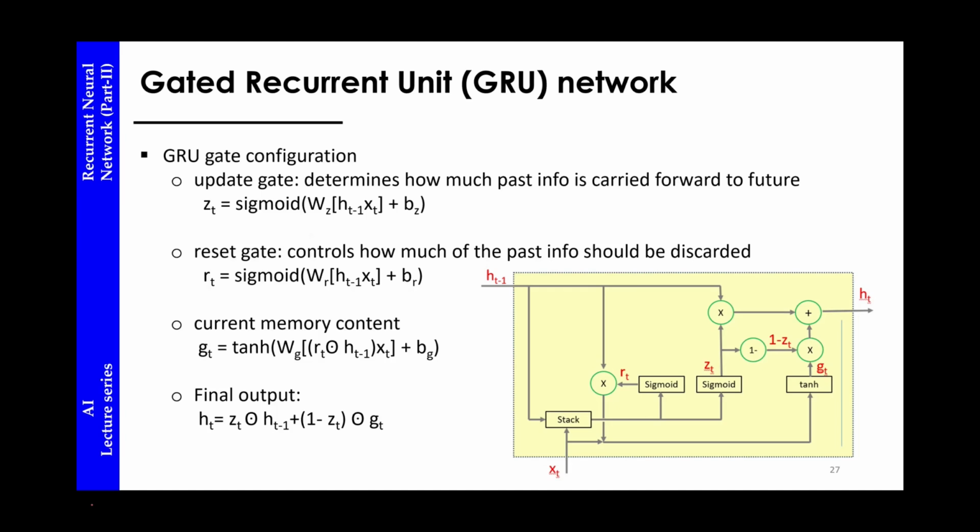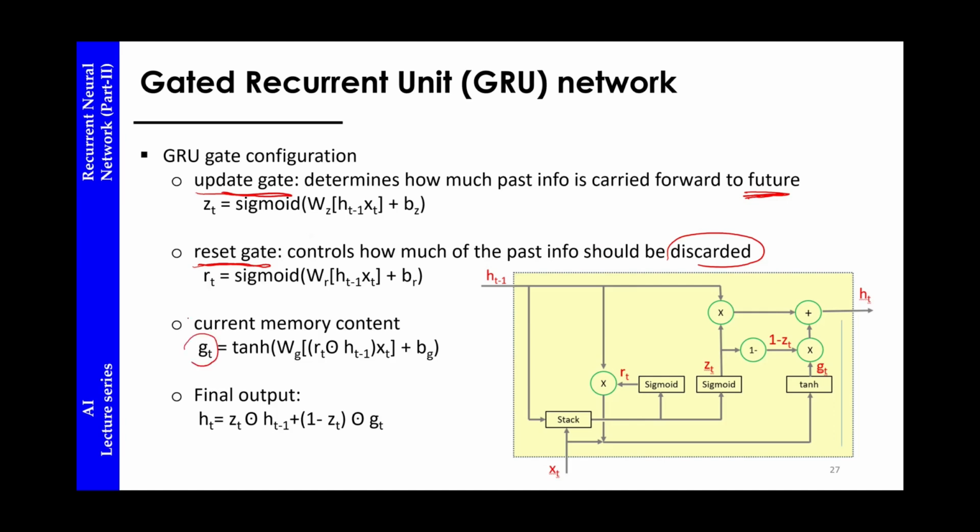In GRU, we have an update gate that determines how much past information is carried forward to the future. The update gate lets us know how much information should transfer to the future. And we have a reset gate, which controls how much of the past information should be omitted.